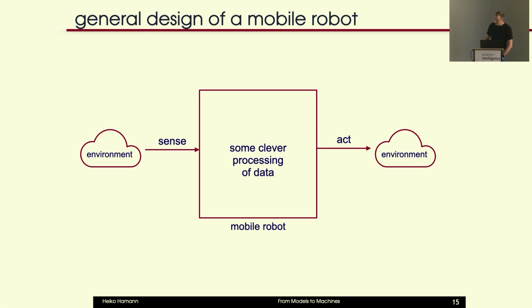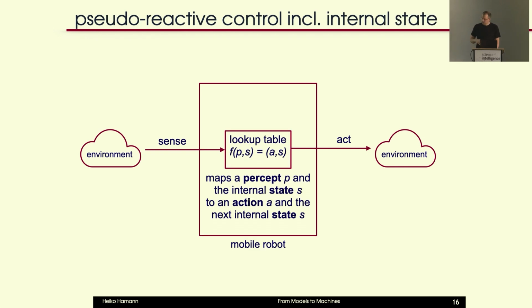So to fill in this magic part in the middle a bit, you could think very simple and say, okay, I do maybe a lookup table, right? So I try to enumerate all possible sensory input that this robot could ever experience. And maybe there's also some internal state so that the robot can at least count or remember what happened last.